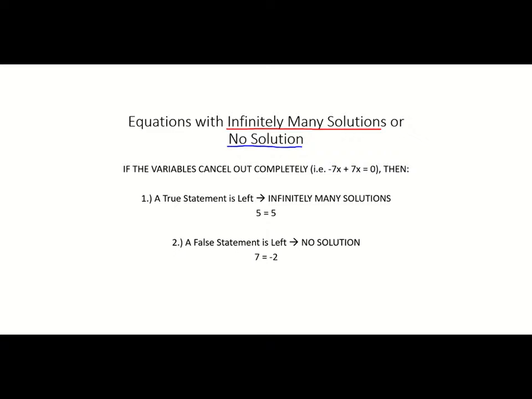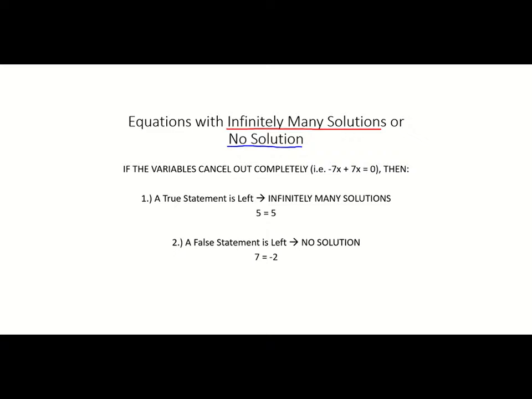So when you're solving an equation, if your variables cancel out completely, meaning you no longer have any variables on the left side of the equals and you no longer have any variables on the right side of the equals, all you have is numbers in the problem, no letters whatsoever. When that happens, then one of two things will occur.